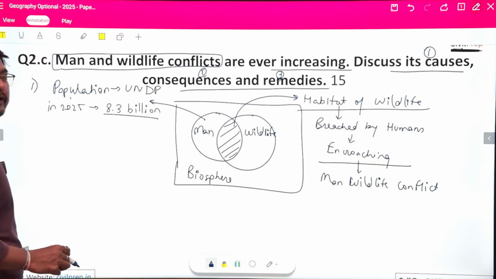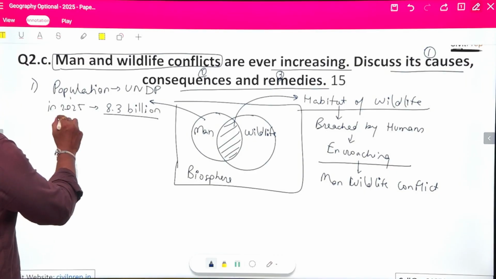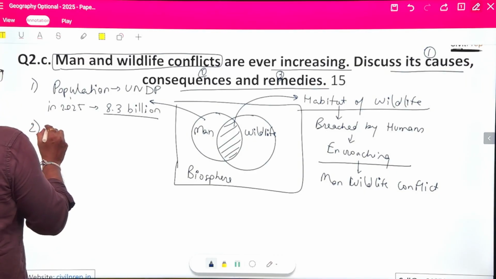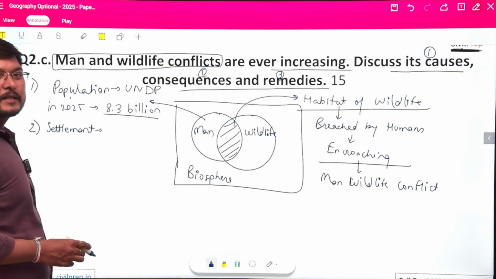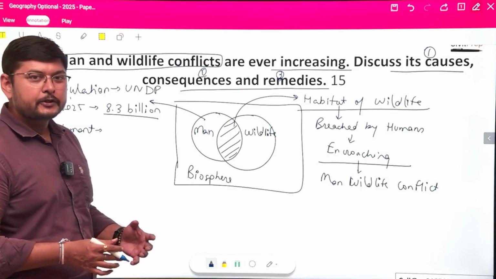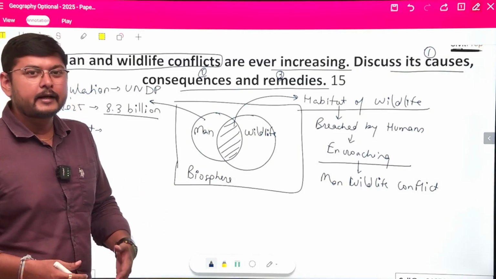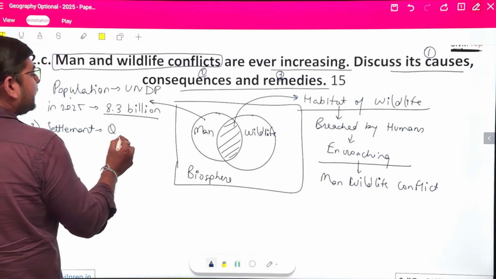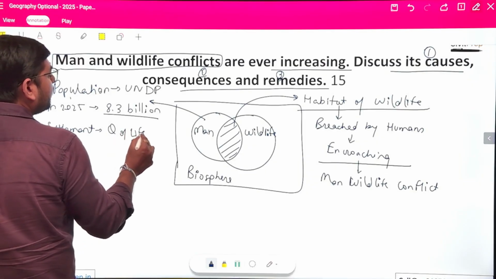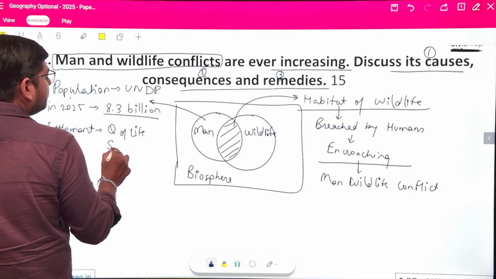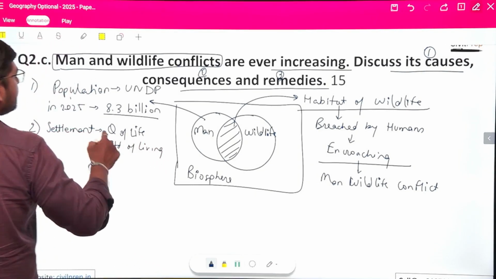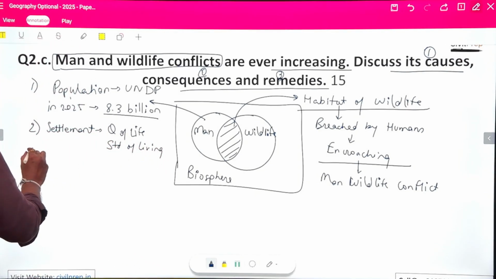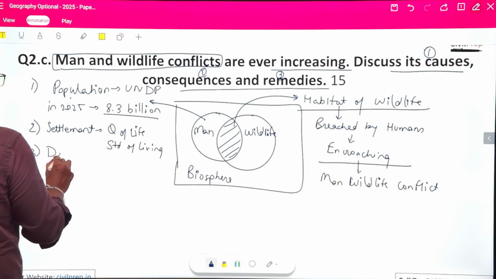So for the increased population, we are increasing settlement, so that the population can be sustained well, because we need all the population to have a better quality of life and standard of living. This is resulting in encroachment, and third, there is deforestation.